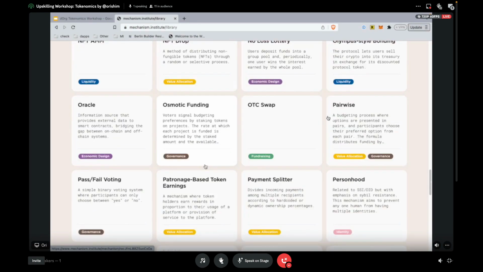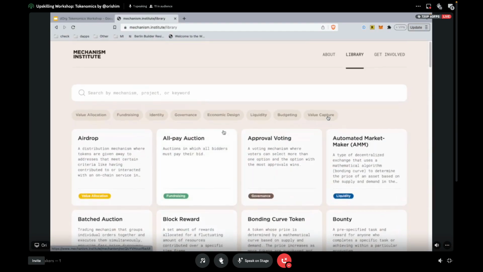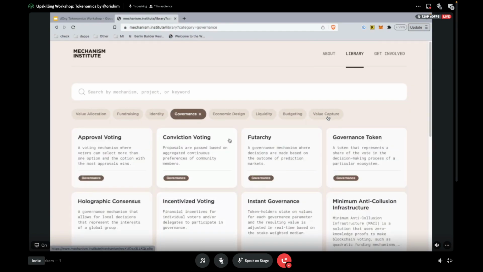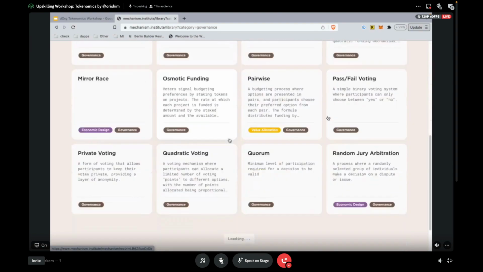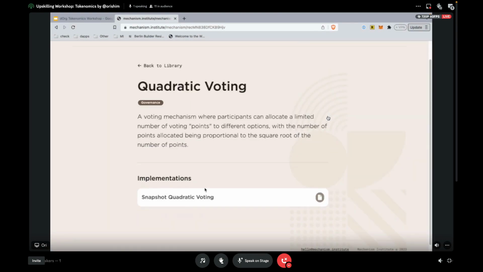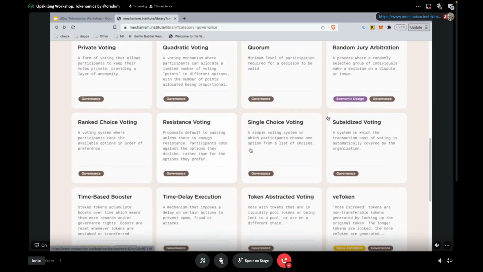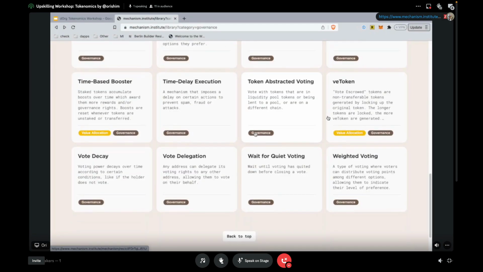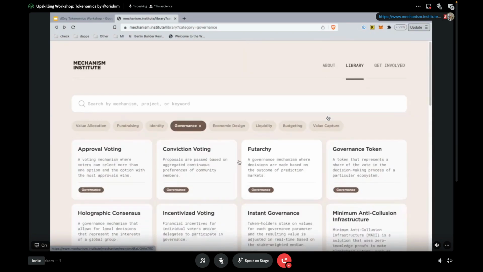But basically, we have them tagged by different types, like governance, where you could go in and see, okay, what is this mechanism? How has it been used in the past? Where are some places I can go to learn about implementations of this in the past? So I'll try to find a good example.